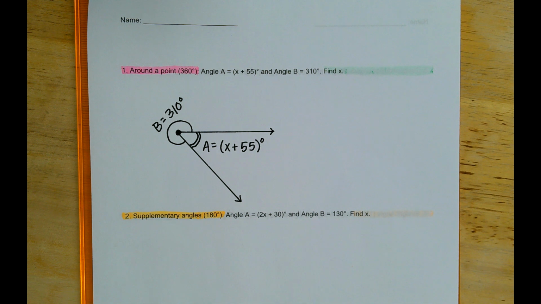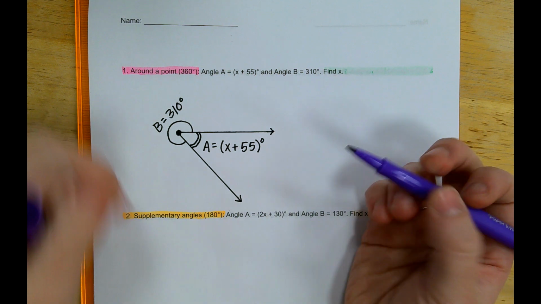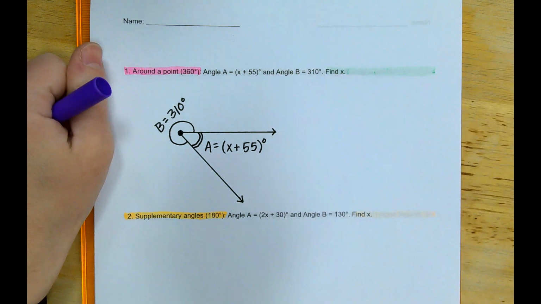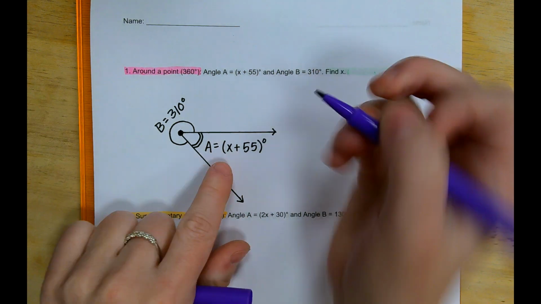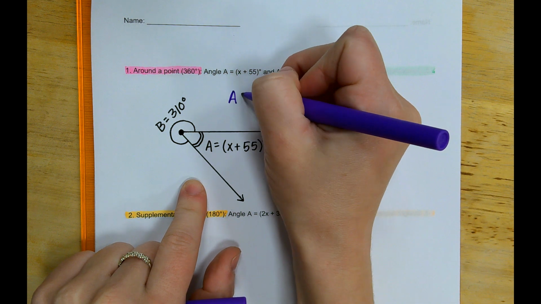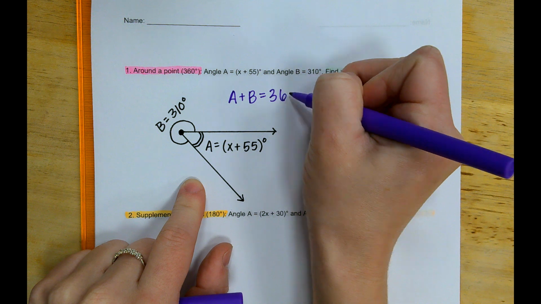Okay, so now that we have a picture, how could we set up an equation and solve for x? Plus 310 equals 360. Yeah, that's perfect. I'm going to write this out because I know you get it, but maybe someone watching this video might be a little confused. I know that A and B, when I add them together, I'll get 360.